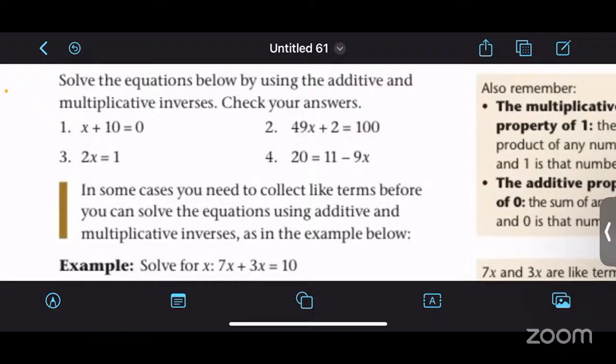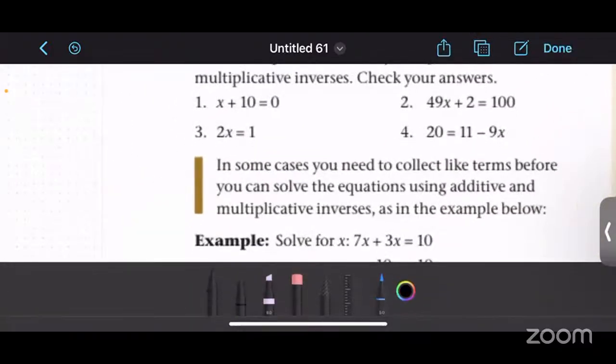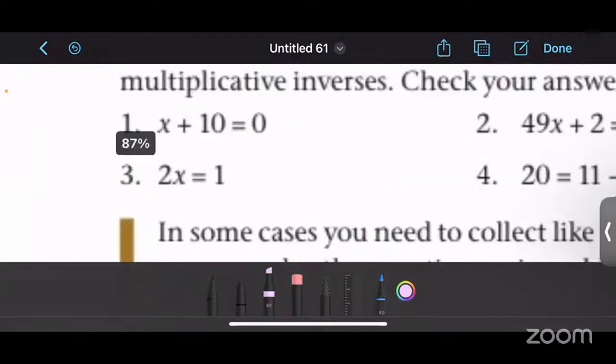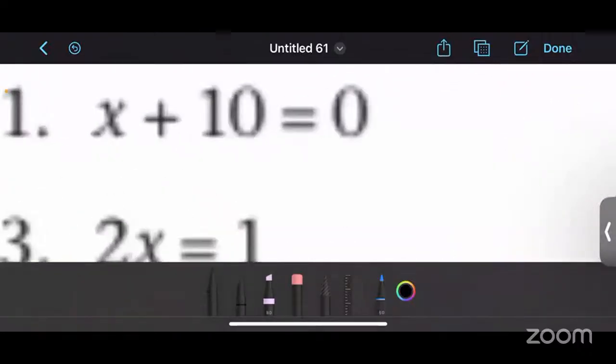Manahil, we have x plus 10 is equal to 0. What's gonna be our first step from here? 10 minus 0. I'm just gonna write 10 minus 0 like this.